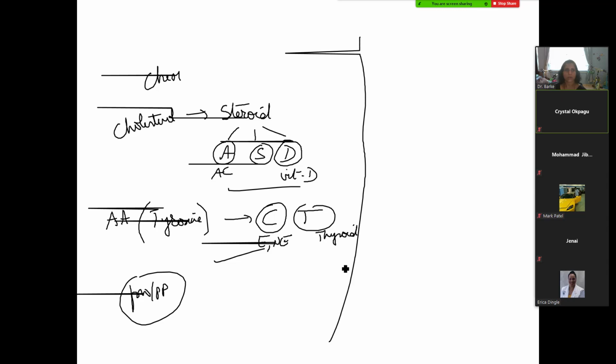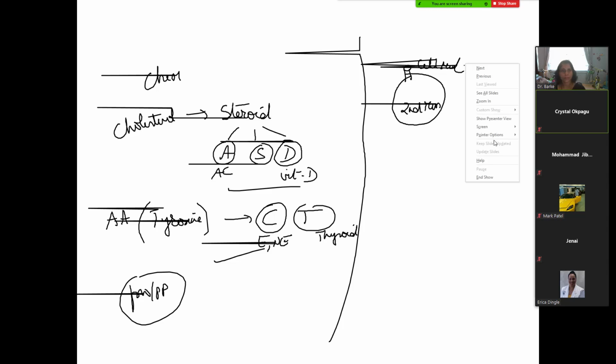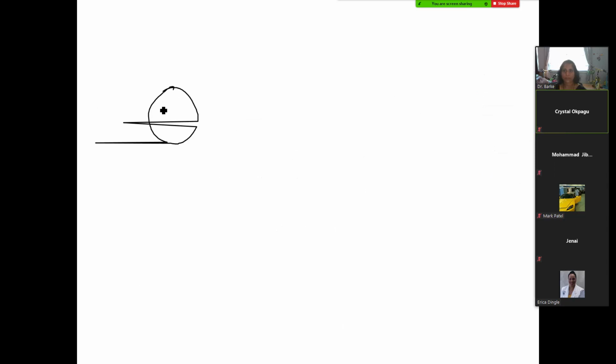Then, based on location of receptors, receptors can either be on the cell membrane, so they will need second messengers, or the receptor can be located intracellular. Intracellular means the hormone has to penetrate the membrane.